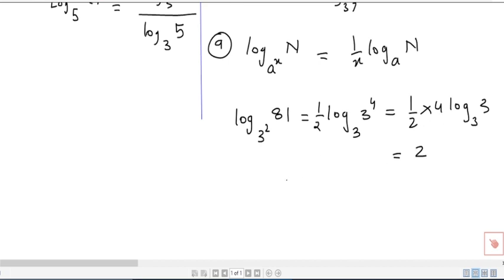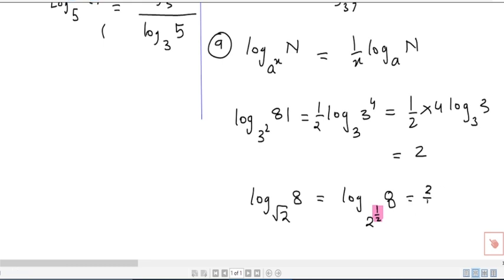Simple. Another example is log base root 2 of 8. You can simplify this as log base 2 to the power 1 by 2 of 8, which is equal to, now the reciprocal of this power 1 by 2 has to be written in the front.